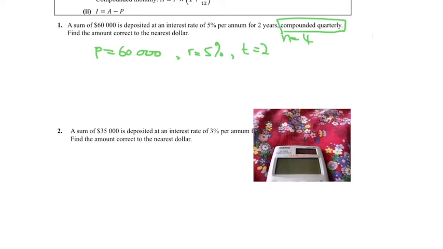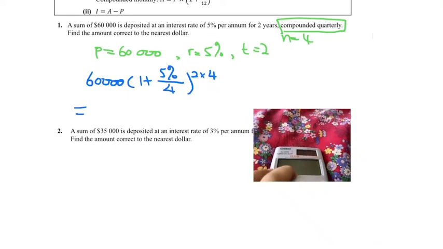For the amount formula, it will be 60,000 times (1 plus the R percentage over how many times compounded per year, 4) to the power of 2 times 4. Do we have to minus P here? Well, we just have to find the total amount, right? So we do not have to subtract P. That is how we do it.